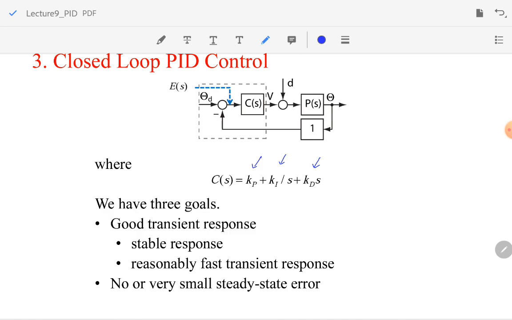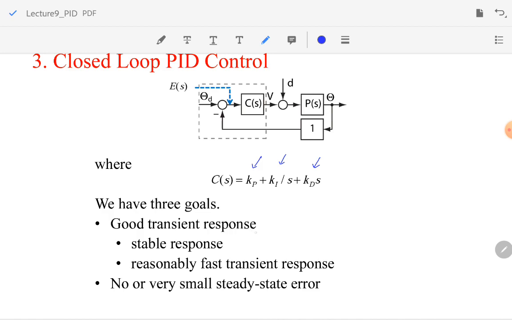And how do we choose Kp, Ki, and Kd? Basically, we have two goals. We want good transient response, and we want no or very small steady state error. We want a good transient response and a good steady state response.